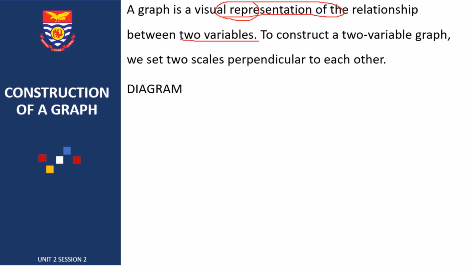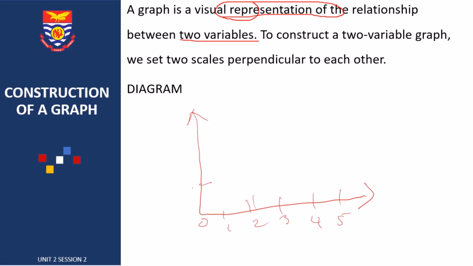To construct a two variable graph, we set two scales perpendicular to each other. So I'm going to sketch something like this. I have my vertical and my horizontal. Let me write some numbers here: 1, 2, 3, 4, and 5, and I'm going to have 0 here.